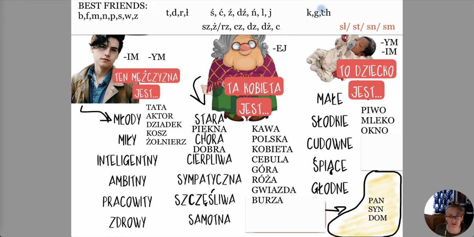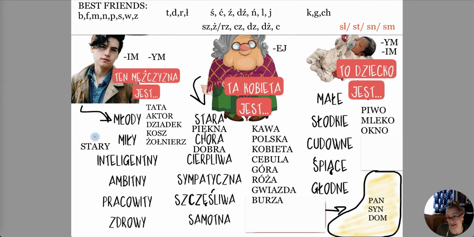So if we wanted to say, I'm thinking about an old granddad, right? Elderly granddad, let's say. So stary, let me actually add it, yeah, let's just add stary here. Here we are.